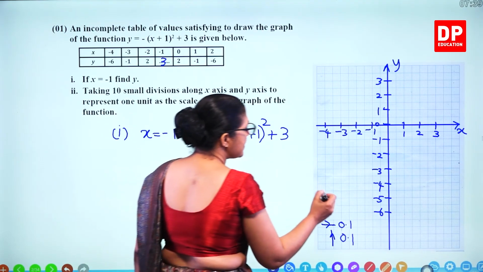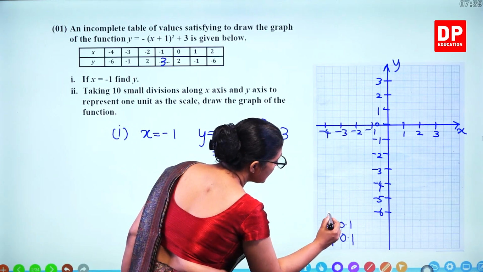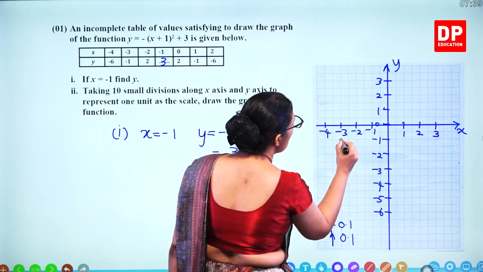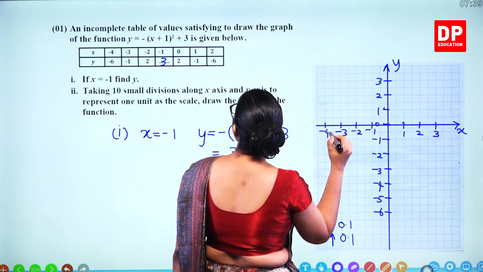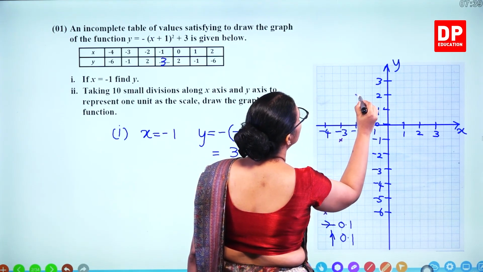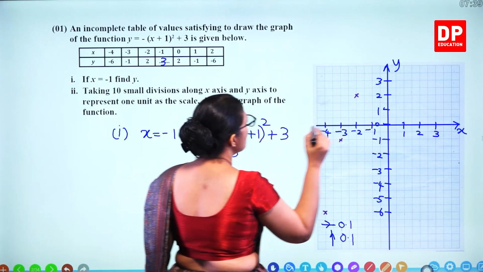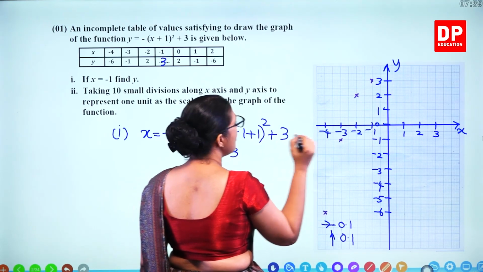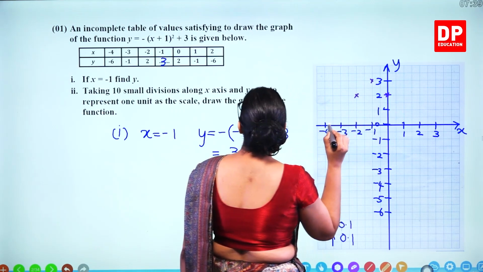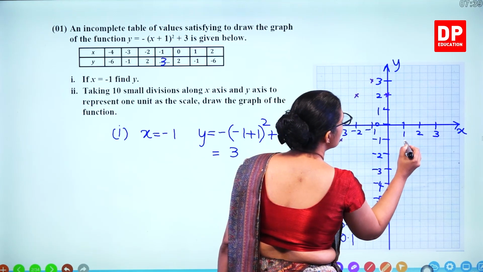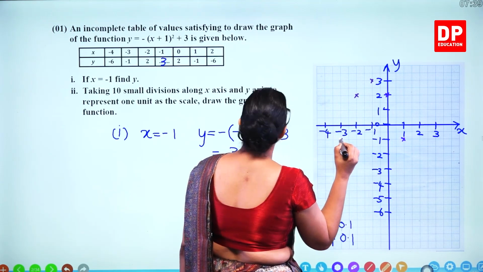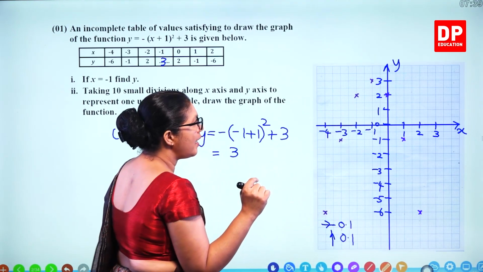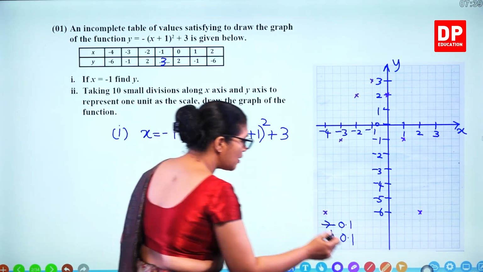Minus 4, minus 6. Minus 3, minus 1. Minus 2, 2. Minus 1, 3. 0, 2. 1, minus 1. 2, minus 6. So you can now connect the points smoothly.